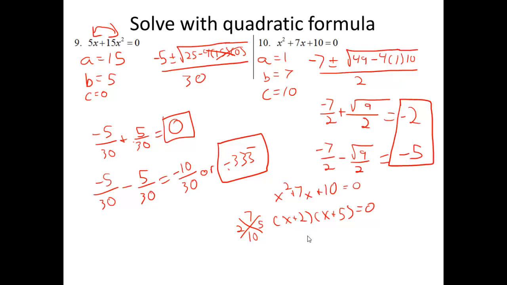And what you do is you just set each one of those equations equal to 0. So x plus 2 equals 0, and x plus 5 is equal to 0. And you just solve for x. So you subtract 2, subtract 2, subtract 5, subtract 5. This is going to be negative 2, and this is going to be negative 5. Again, same thing.